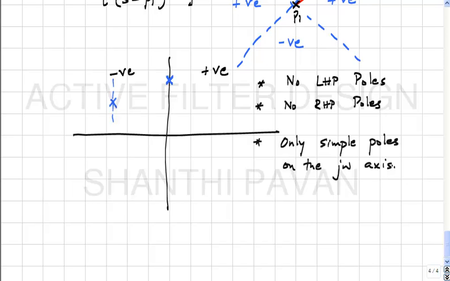Since the real part must be positive on the right and negative on the left, it must follow that there must be simple poles on the j omega axis, and the residues of these poles must be positive. Is that clear? Okay, we do it outside class.